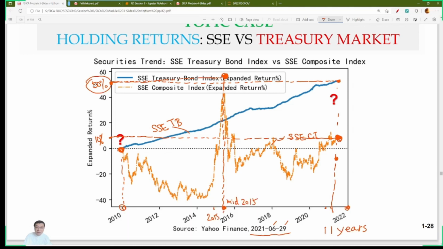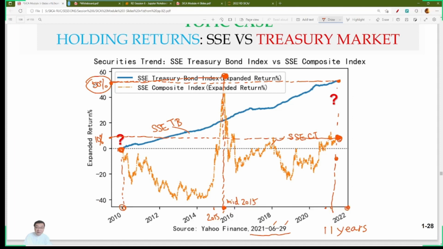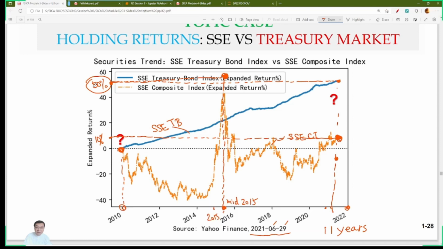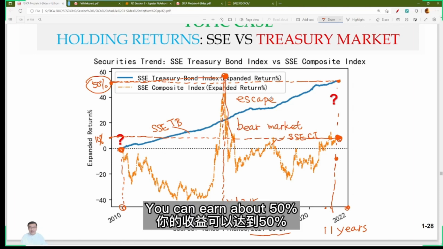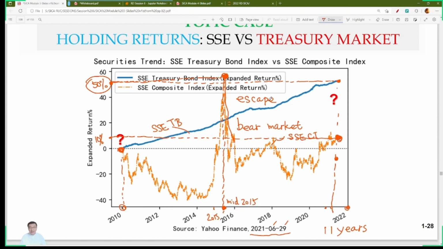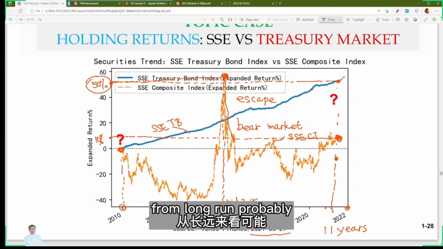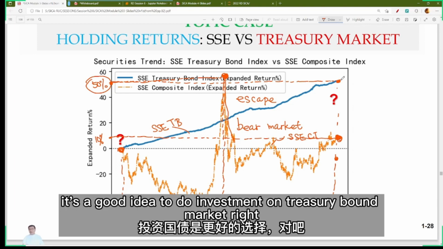Before the market turns to a bear market, you are lucky enough to escape or sell all of your investment. You can earn about 50%. So from the long run, for some people, it's probably a good idea to invest in the treasury bond market, right?